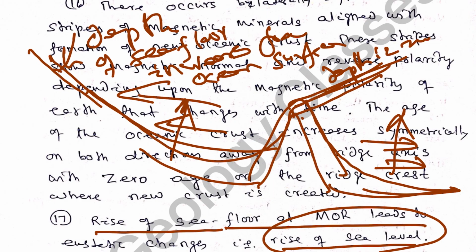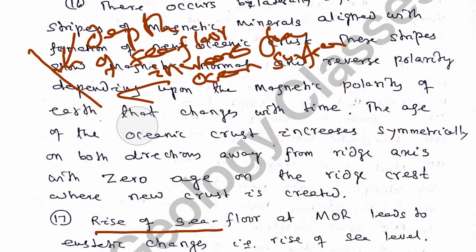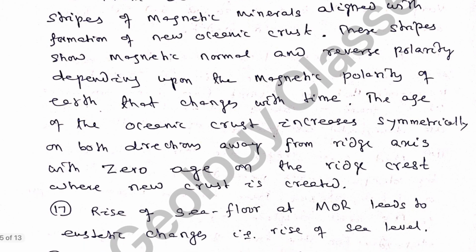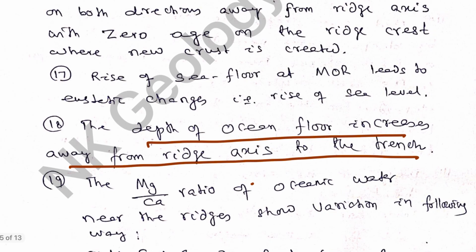So depth of the ocean increases from the ridge crest to the trenches, on both sides of the ridge crest, the ocean floor is found to deepen gradually outwards.